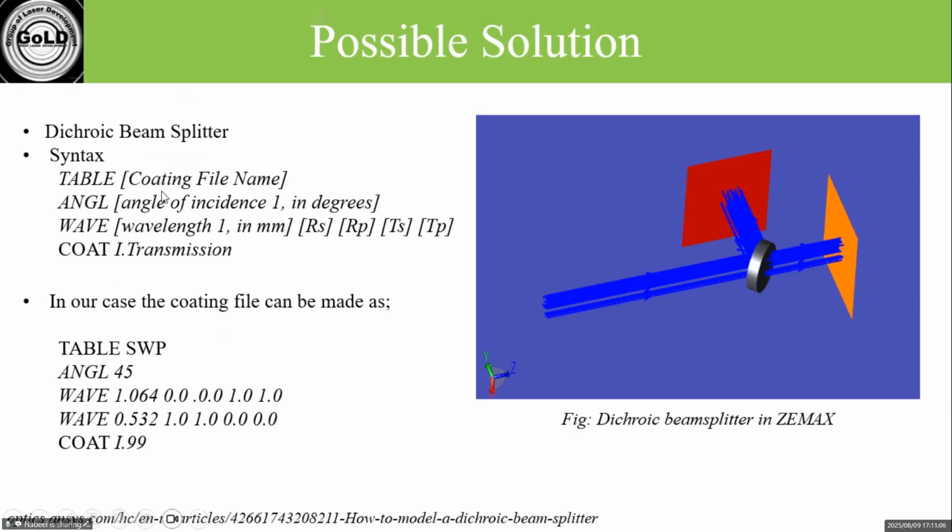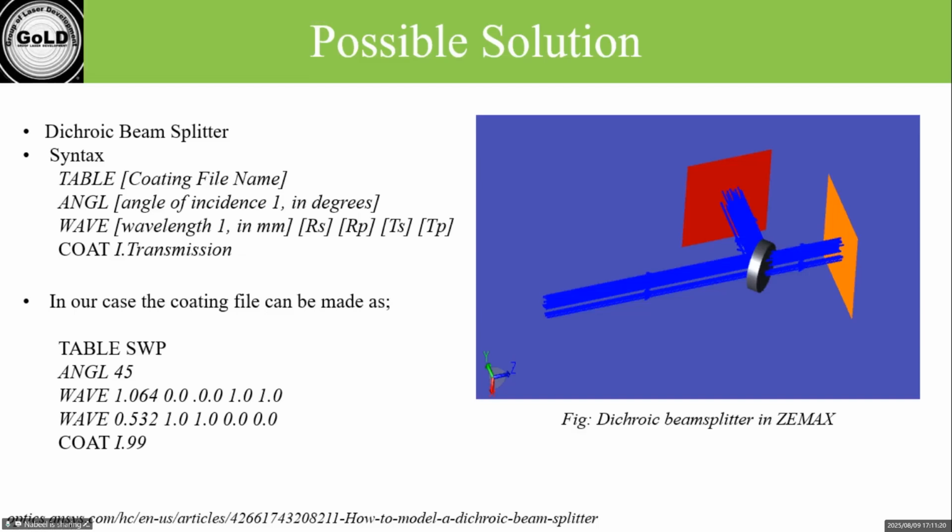Basically, in the table file, we name the coating file. Here we are making the passing and stop filters of the dichroic mirror and the angle of incidence at which we want to split the beam. Here we have to add both the wavelengths.